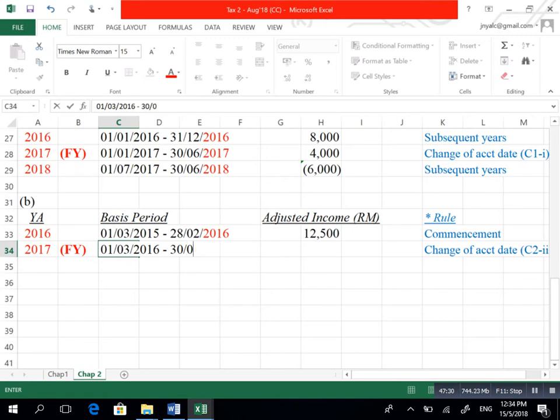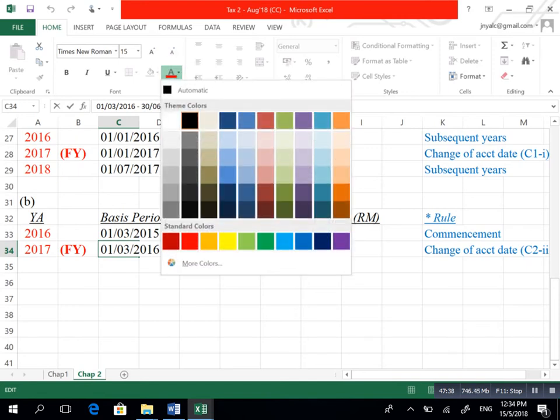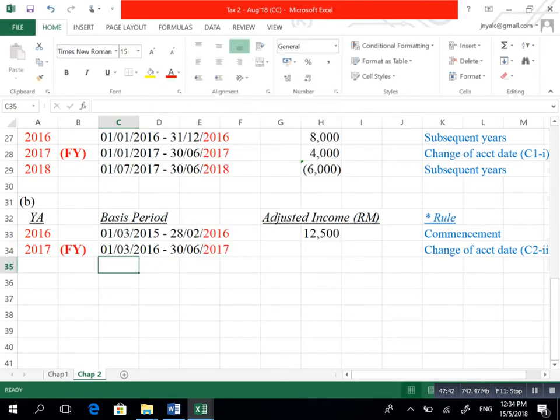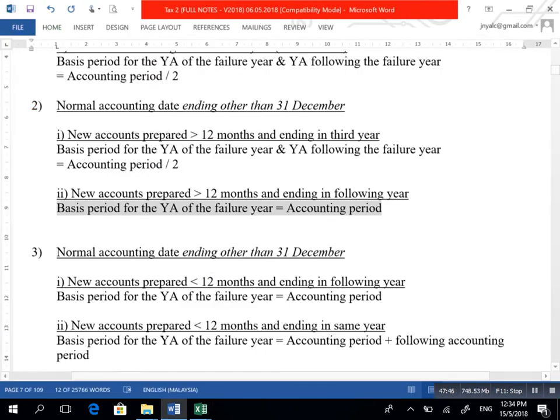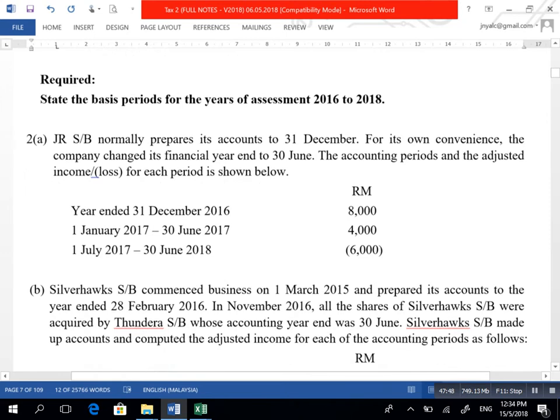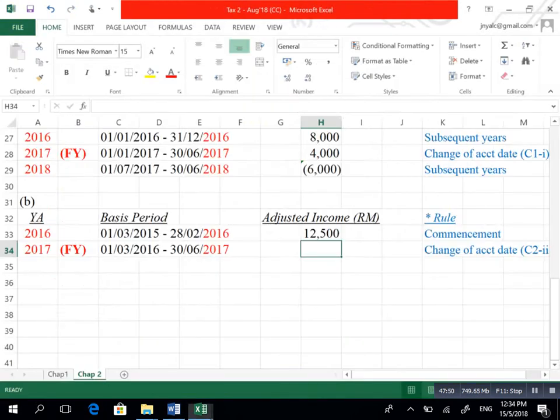Okay. And the adjusted income follows the same. 20687. 2018 follows the subsequent year rule again. Okay, and this will be your answer.